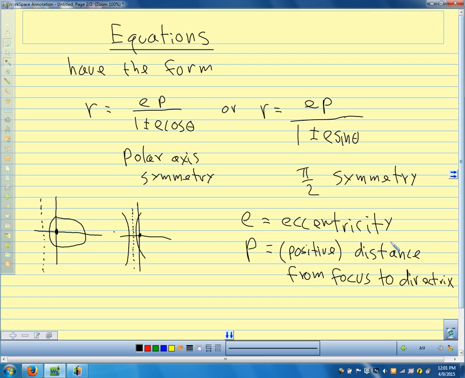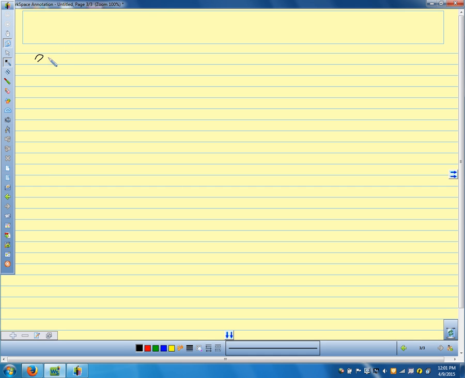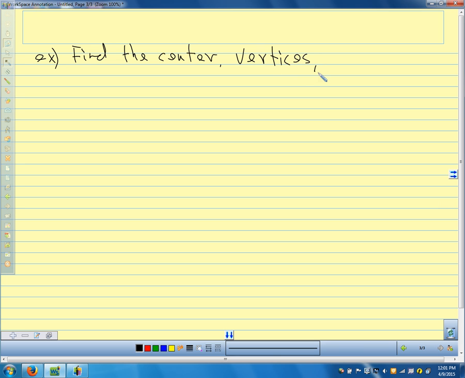All right, we good? So let's look at an example. We want to find the center, the vertices, and the foci of, we're going to say this is an ellipse, given by r equals 15 over 3 minus 2 cosine theta. These are just like the problems that we finished working with rectangular form of conic sections.